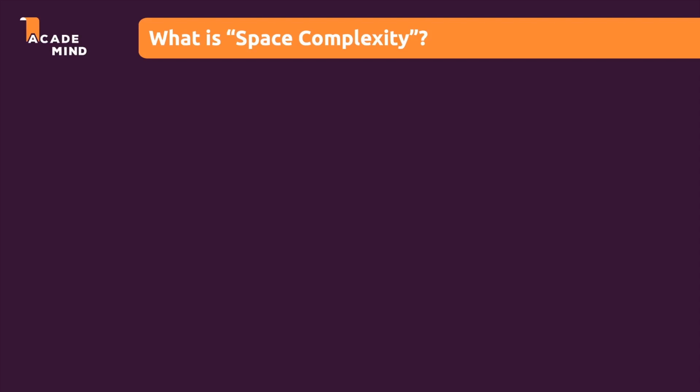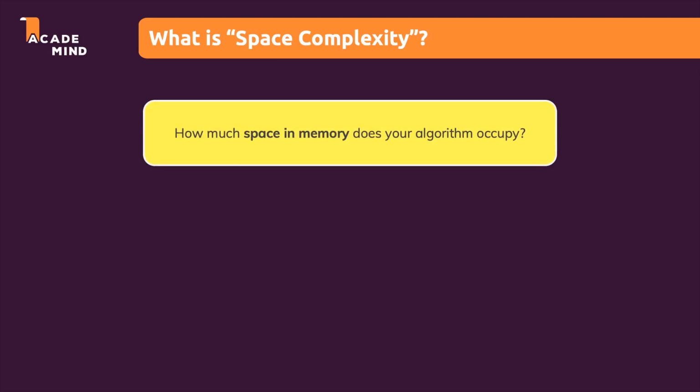Well, space complexity is essentially the same for space in memory. We judge how much space in memory an algorithm occupies whilst it's running, and just as with the time complexity, we of course focus on the general trend there. How does the space occupation grow for bigger input values, for longer arrays, for bigger numbers?